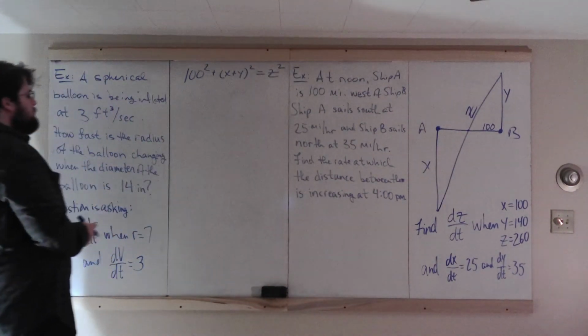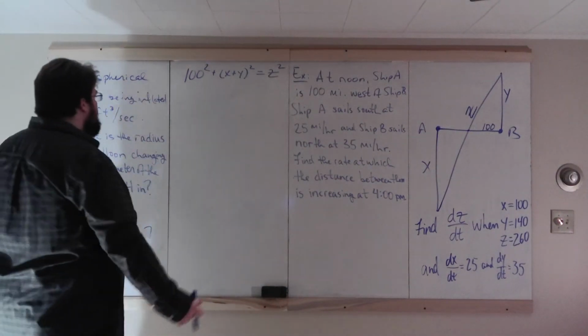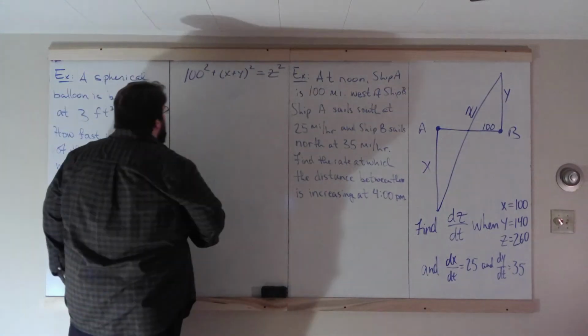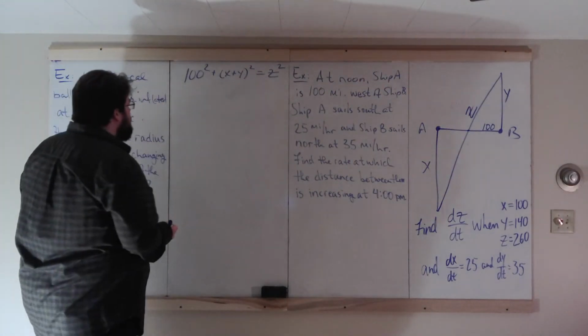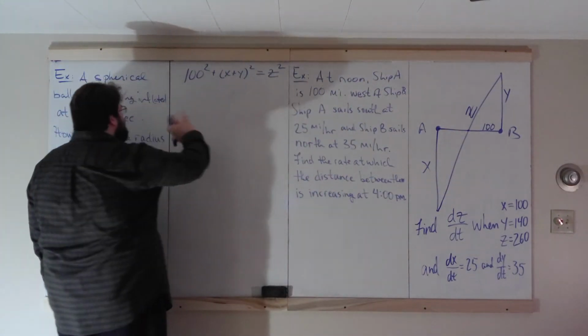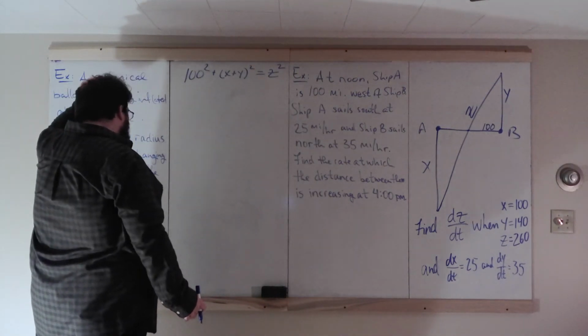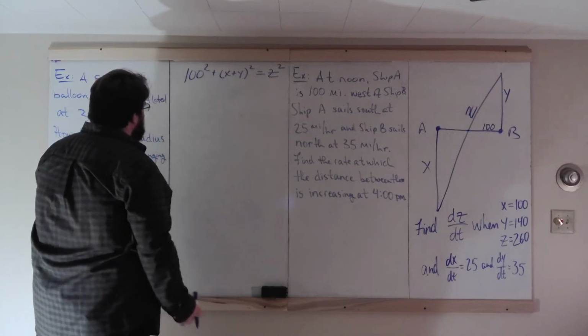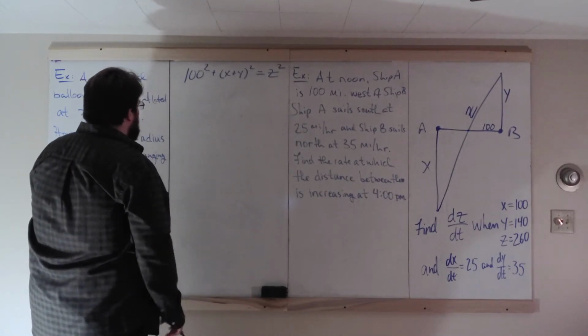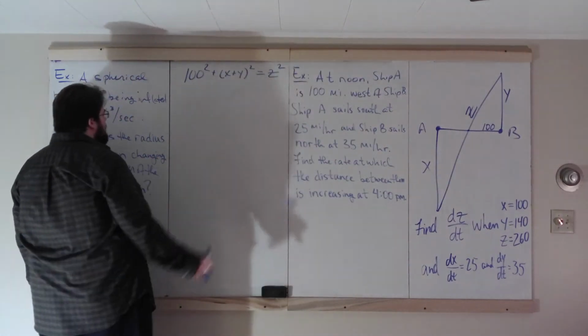Well, okay, now we just need to differentiate with respect to time. Now the differentiating here is a little more complicated than before because of this quantity. You could multiply that out, but if you did that, you'd have a tedious product rule to deal with. So I'm just going to do it like this.